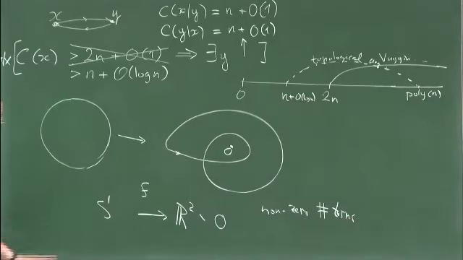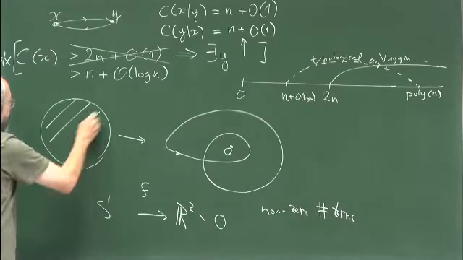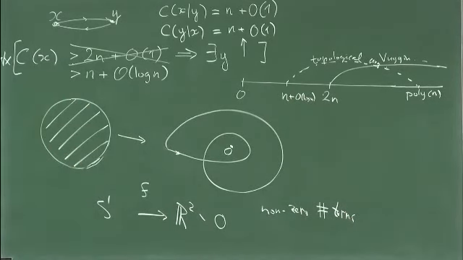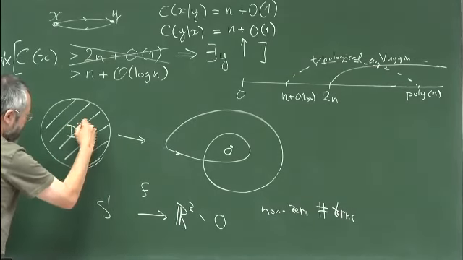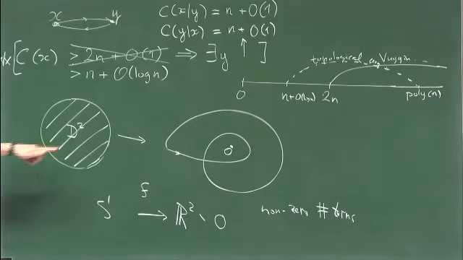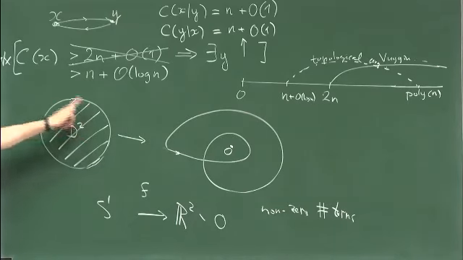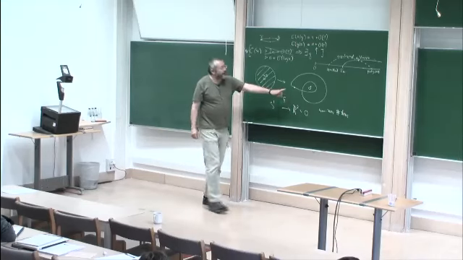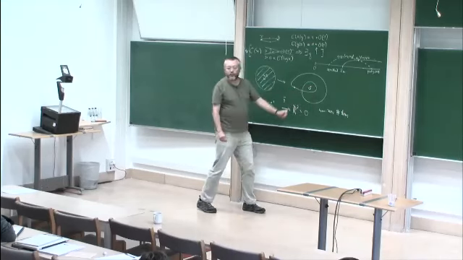And if that is the case, then for every extension of this mapping to the disk D2, if we extend this continuous mapping to the entire disk, we cannot avoid this point.